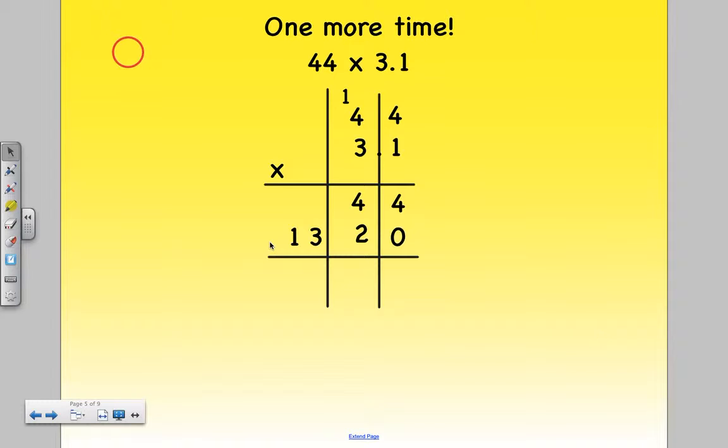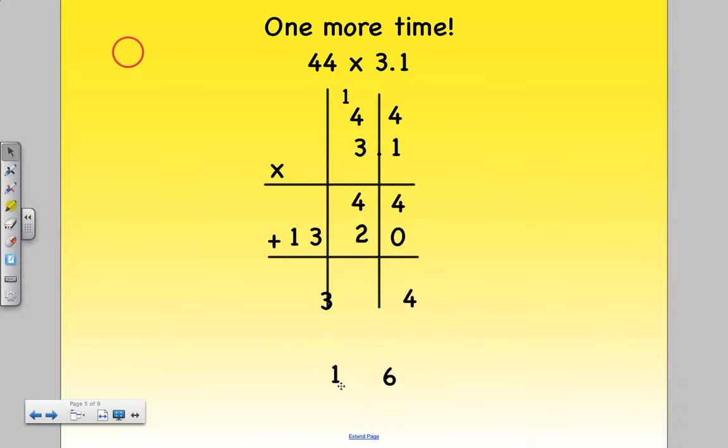Okay, now we've quickly finished with our multiplication, and we're going to find the next part of our answer with our addition. 4 plus 0 is 4. 4 plus 2 is 6. 1 plus 3 is 4, 3 plus 0 is 3, and 1 plus 0 is 1.